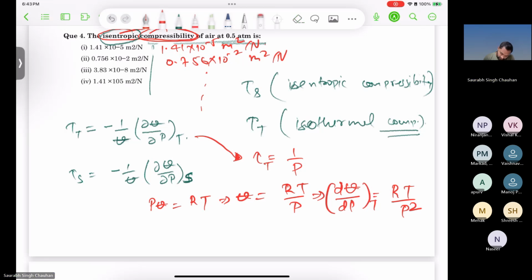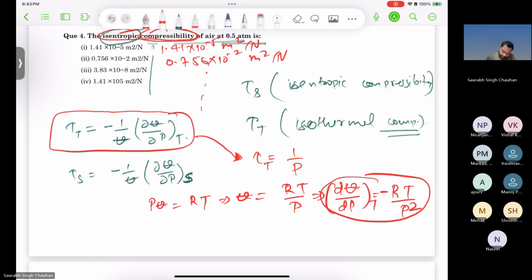Okay. So you just put this thing here. Okay. So what you will get? You will get tau T is equal to minus 1 by V and then minus RT by P square.